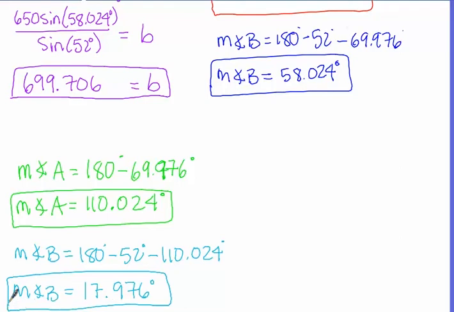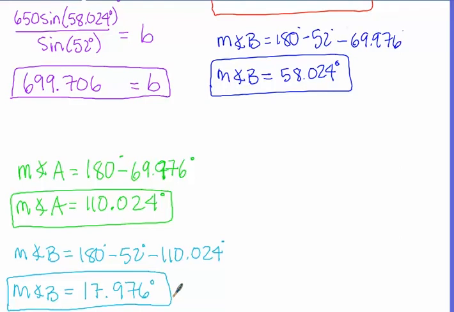This time, when we tried to find the second triangle, we got a positive angle for our third angle, which means there is a second possible triangle. So let's continue. We have a second possible angle A and a second possible angle B. We now need to find the second possible side B.